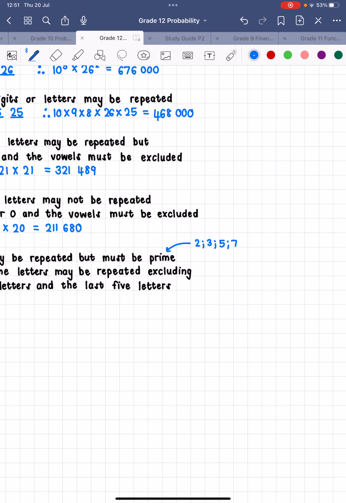Those are the prime numbers between 0 and 9. There are more prime numbers, but those are bigger than 9, so they are not relevant here. So we actually only have 4 to choose from. 2, 3, 5, and 7.